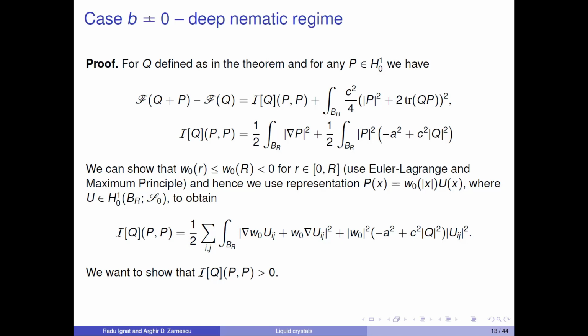But this part, it's a bit of a mess because it depends on this Q, which is the solution of a PDE, or ODE if you wish. In our case, it is an ODE. But it's a function that changes when R changes. So in principle, it's not clear how these two interact.